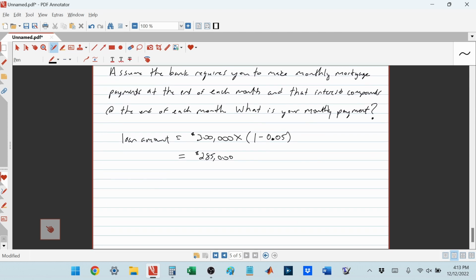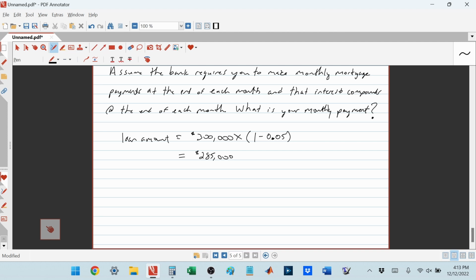And in figuring your monthly payment, we reason from the bank's perspective. Think of it as they have two options.